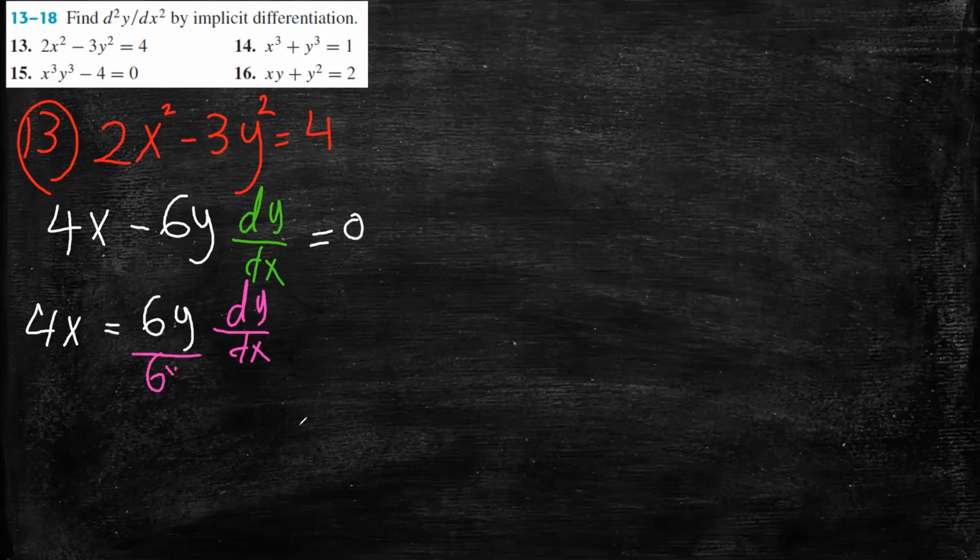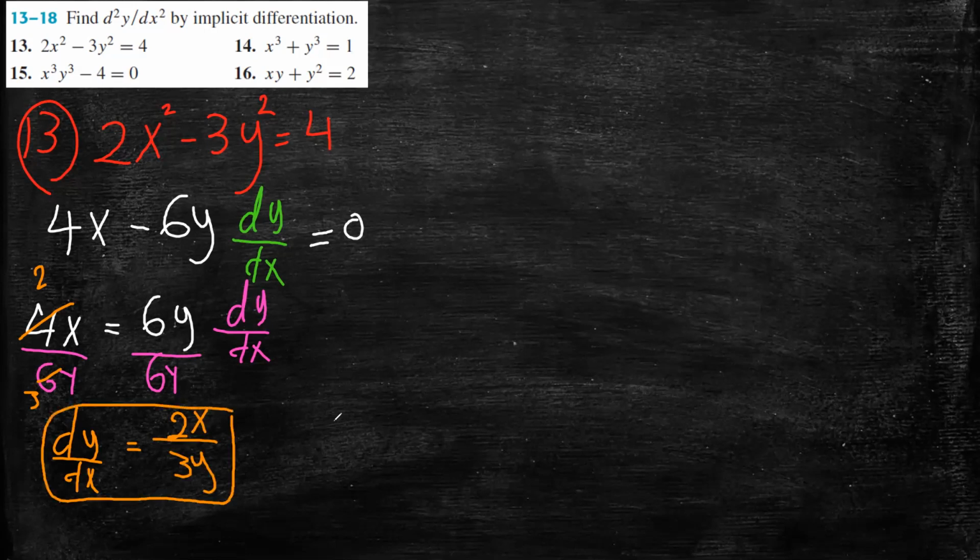Divide by 6y, divide by 6y. I want to write dy over dx. It will be 4x over 6y. So it is 2x over 3y. This is the dy over dx using the implicit differentiation.